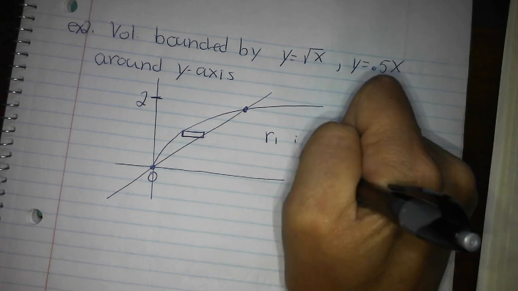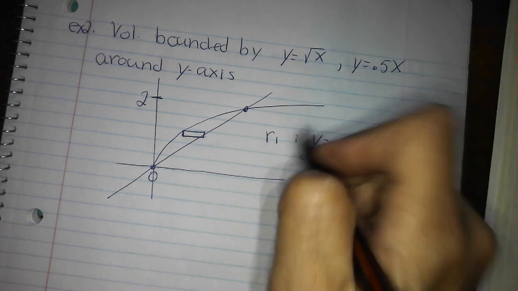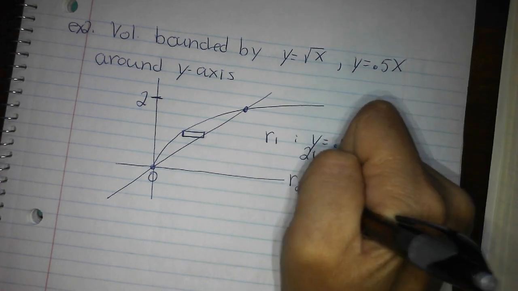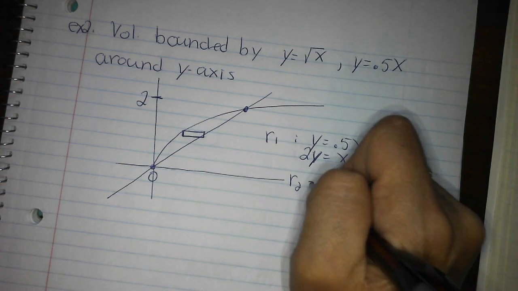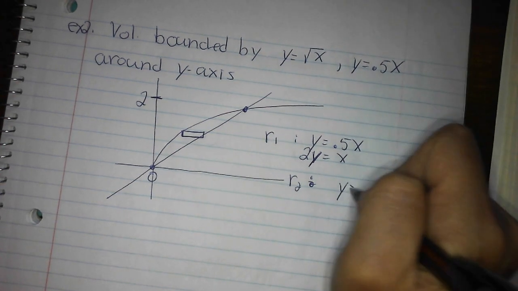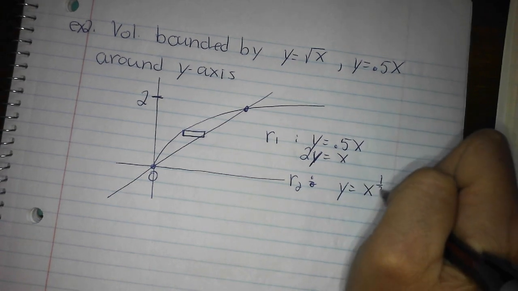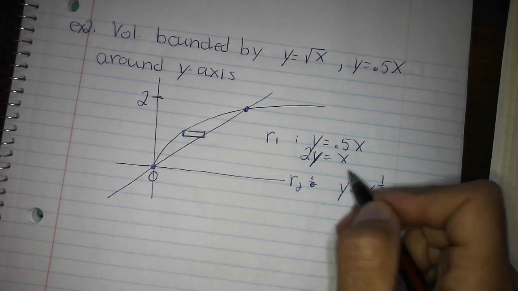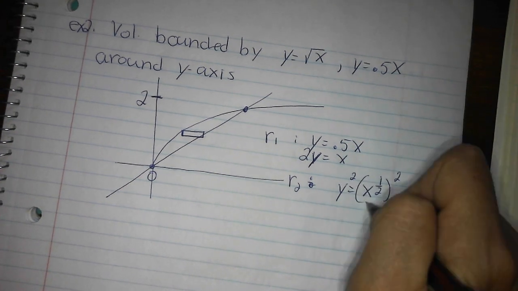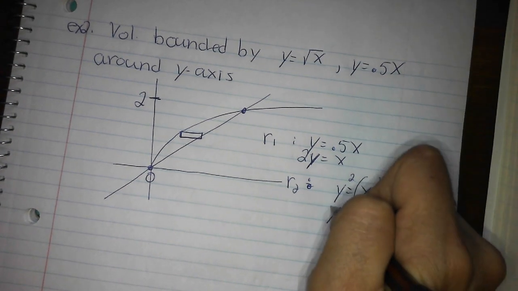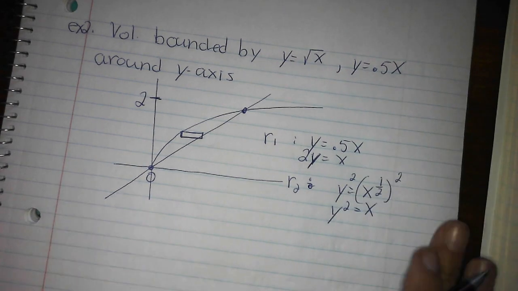X equals 2y. So we're using the 2y. The R2 is the left equation. That's y equals x to the 1/2. And again, I got to get it x equals, so I'm going to square both sides. So x equals y squared.